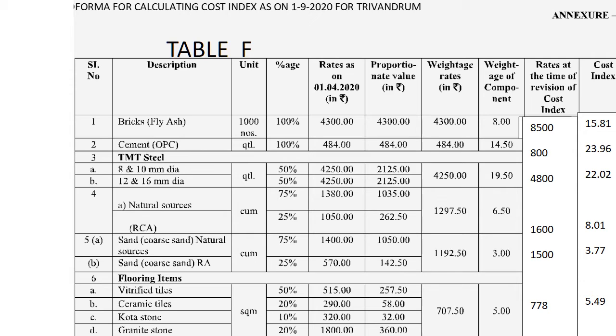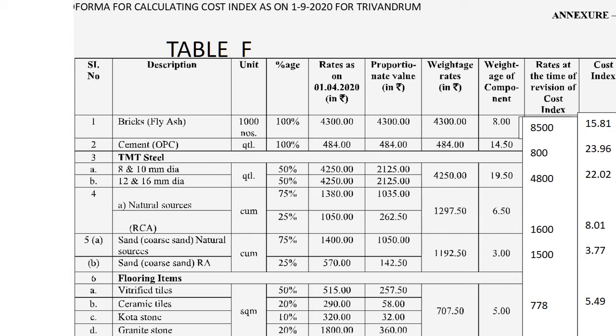Steel, the average rate has been taken, so it is 4,250 for 100 kg and the weightage is 1950. And sand, it is given 1192.5 and the weightage is 3.